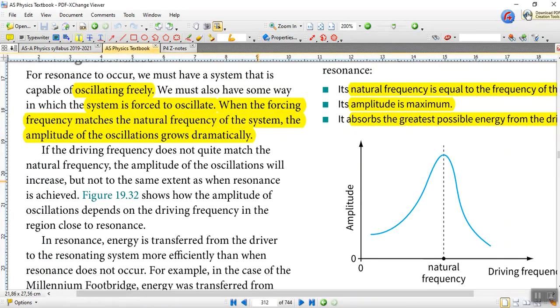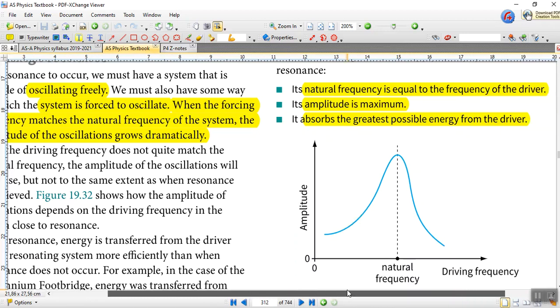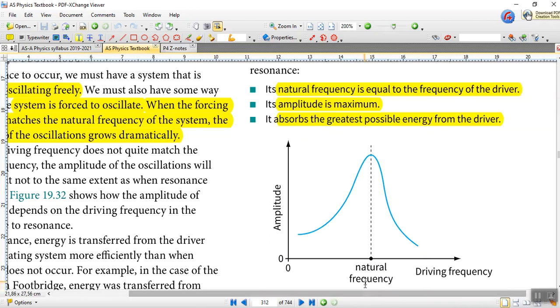We'll see that in some way a system, the glass in this case, is forced to oscillate. When the forcing frequency matches the natural frequency, so when he sang at the right frequency, the amplitude of the oscillations grew dramatically. So then the glass started vibrating uncontrollably until it snapped.